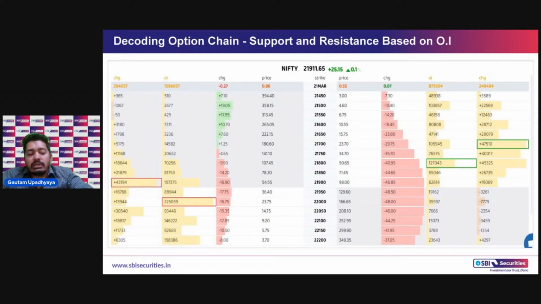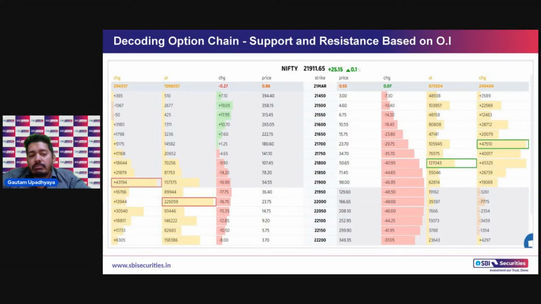So this is once again a pictorial representation of the OI data. तो आप क्लियरली देख सकते हैं ऊपर के साइड में जो एडिशन हुए थे, कॉल राइटिंग जो हुई थी वो 21,900 और 22,000 के स्ट्राइक प्राइसेस में हुए थे, एंड नीचे के स्ट्राइक प्राइसेस में अगर आप देखोगे जो मैक्सिमम एडिशन हुआ था आज के ट्रेडिंग सेशन में वो 21,700 और 21,800 के पुट ऑप्शंस में है. That means it is still not a clear view.